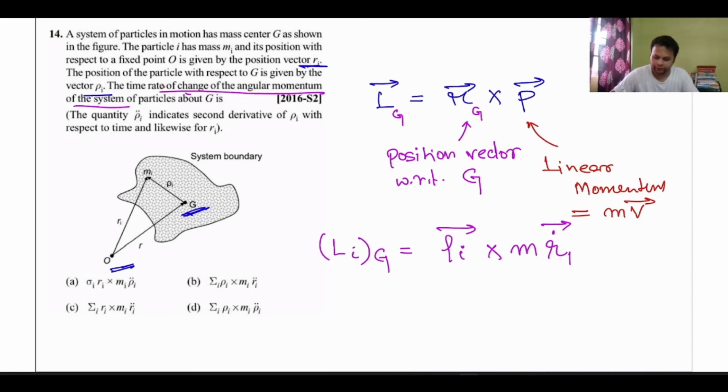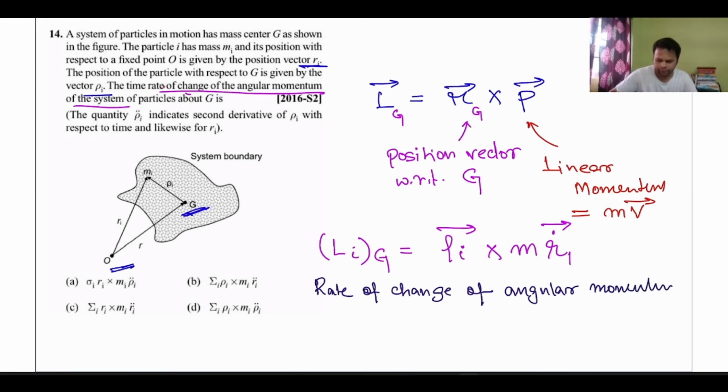The total about G is equal to the summation over all the particles, from i equal to 0 to n, of rho i cross mi Ri with a single dot, which is velocity. Since I'm finding the rate, this is actually dLG by dt.